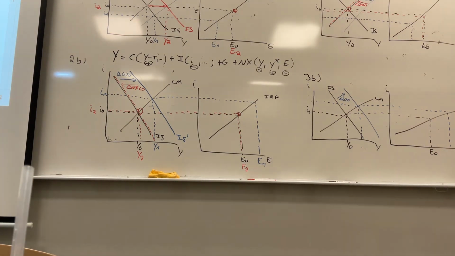We have a monetary policy of a fixed exchange rate. We cannot let the interest rate rise, which means we have to fight against this rising exchange rate by bringing it back down. We have to depreciate our currency.